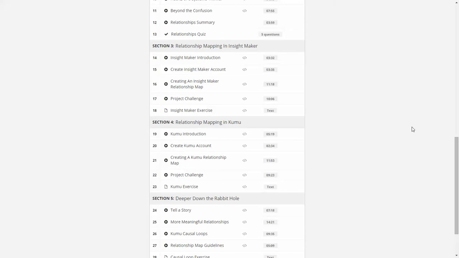As I said, creating relationship maps is a lot like riding a bicycle. You can get a sense of what it's about by reading about it, by watching the videos. You only develop the skill at creating relationship maps by developing relationship maps. And don't think of it as trial and error, it's trial and learning. The more time that you spend, the more relationship maps that you develop, the better at it that you will get.